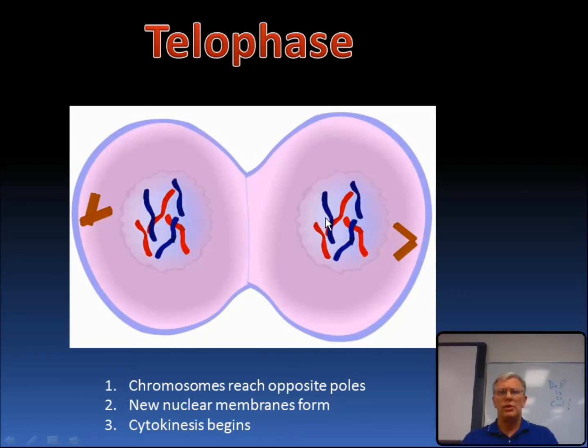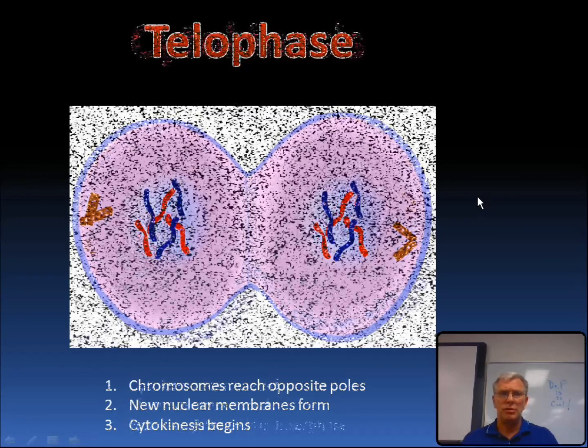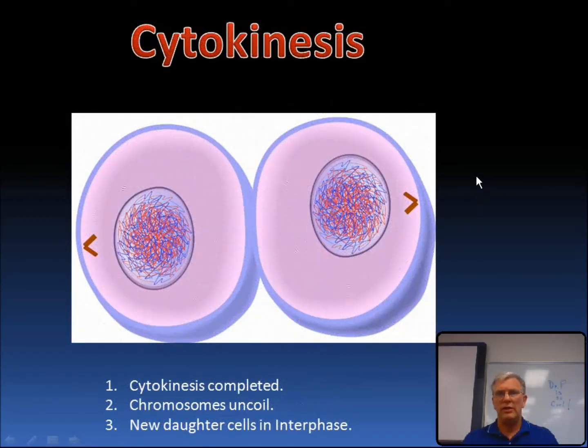In telophase, we're going to see the nuclear membranes starting to reform. We're going to start to see the cytoplasm begin to pinch together, and that is called cytokinesis. Cytokinesis actually begins during telophase. Eventually the cytoplasm is going to completely pinch apart and form two daughter cells.